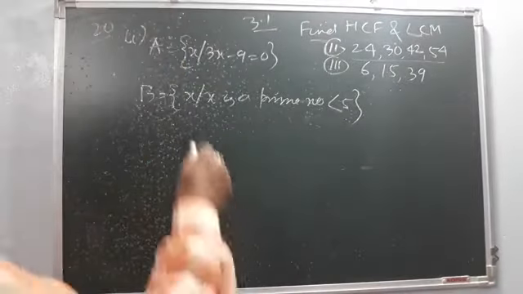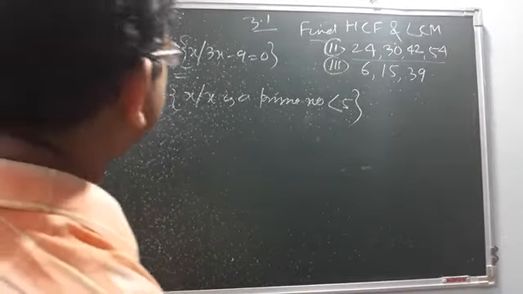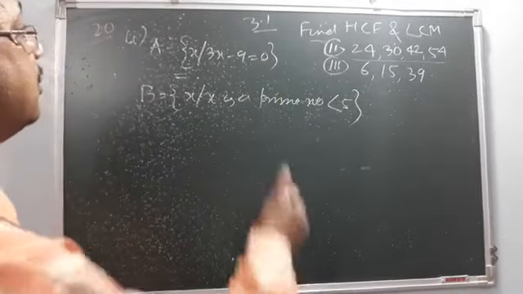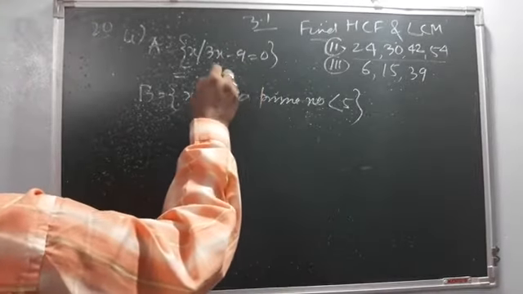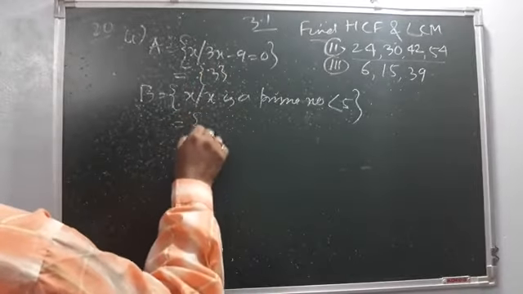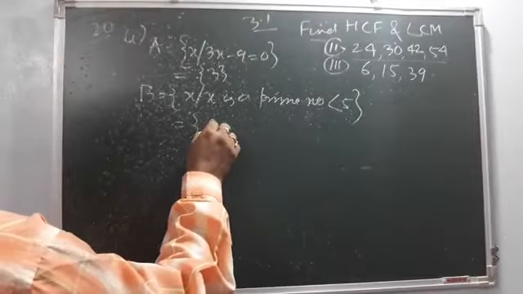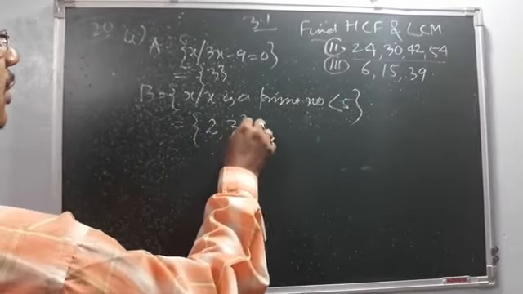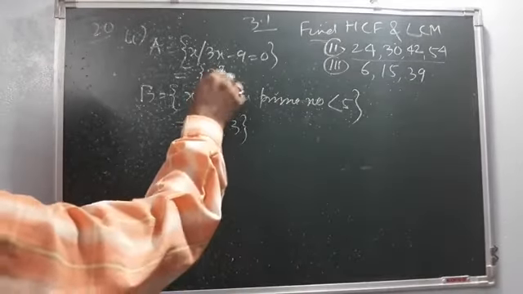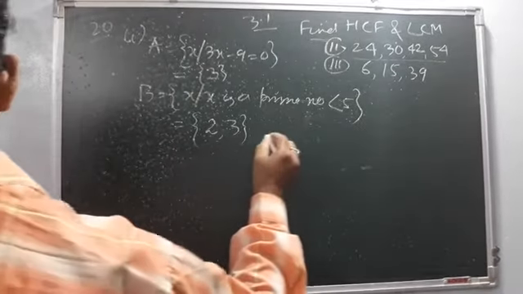So here if we calculate the value of x, 9 will go this side, x will be 9 by 3, that is 3. Here x is a prime number less than 5, so prime numbers less than 5 are 2 and 3. So we get what? Common element between this and that. The 3 is common, so it is not disjoint.